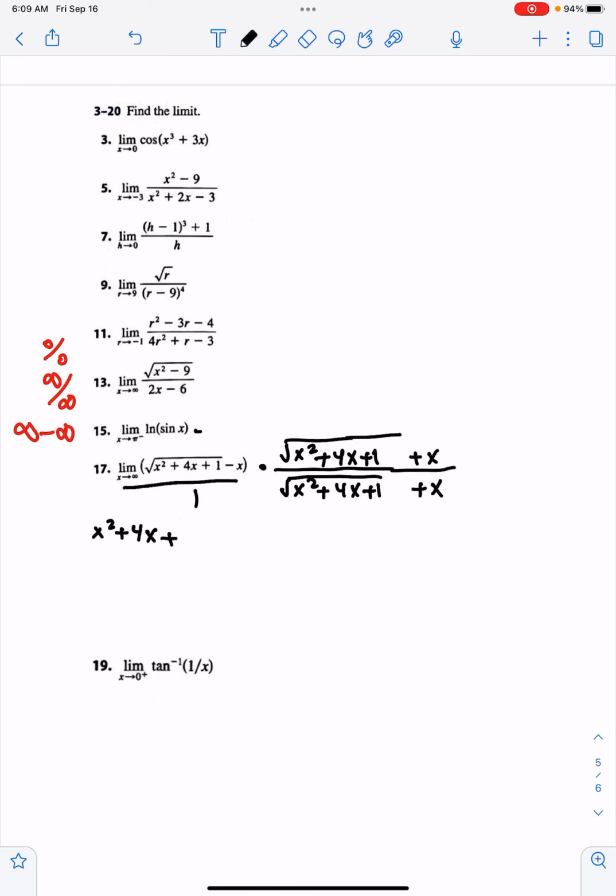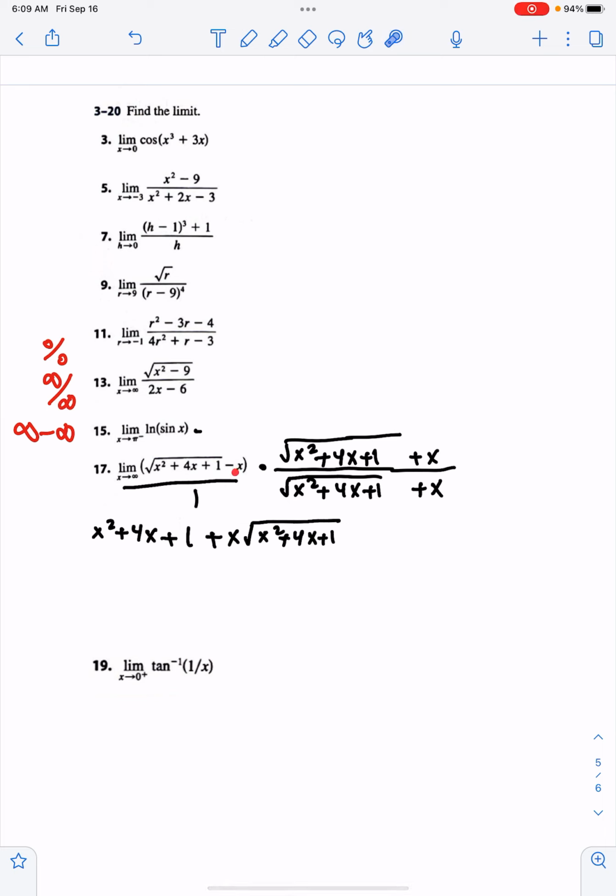Multiplying the first by second, that would be positive x times radical x squared plus 4x plus 1.